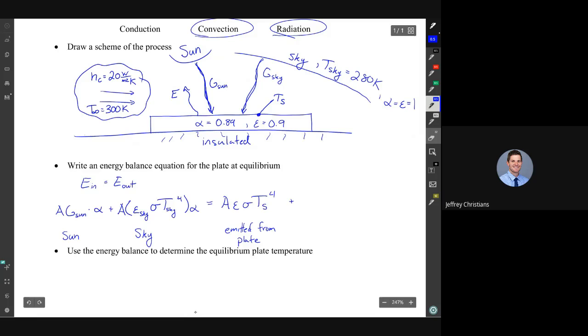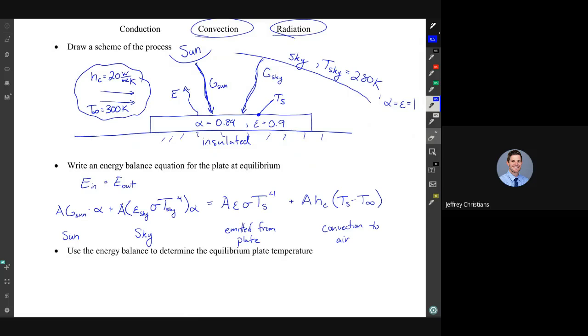Plus, for convection, it's the area times H times, okay, this is where it can get a little confusing, T S minus T infinity or T air. Okay, so those are our four processes.